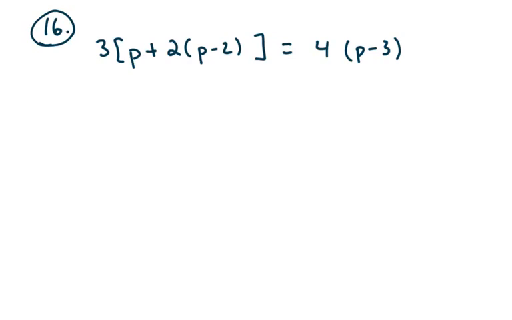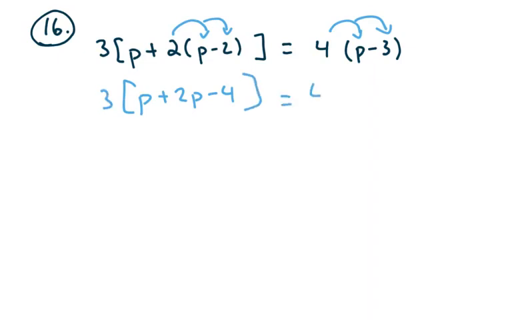Okay, so I'm going to assume that you've given it a go. Again, what I'm going to start off doing is distributing. The one on the left I'm going to distribute with the innermost first. Here we're just doing simple distribution. Watch the signs because that's a common mistake.